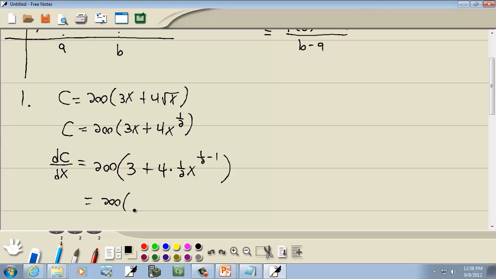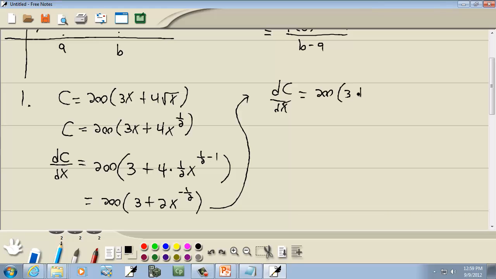So that's going to give us 200 times 3 plus 4 divided by 2 is 2x, and 1/2 minus 1 gives us negative 1/2. Okay, so 200's there, and we don't want negative exponents, so I'll take that down below here. So this will be x to the positive 1/2.